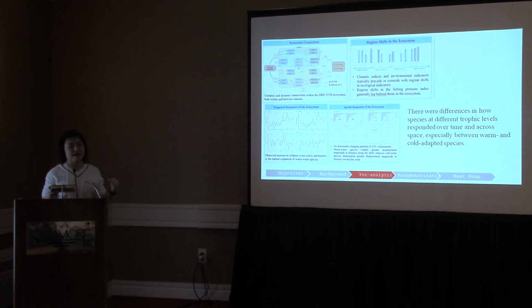And what we found is that the increase in species richness in the New York Bight does not always coincide with the trend of community temperature index, which means that the expansion or the increase of warm adapted species might not be the only reason that lead to this species richness increase.